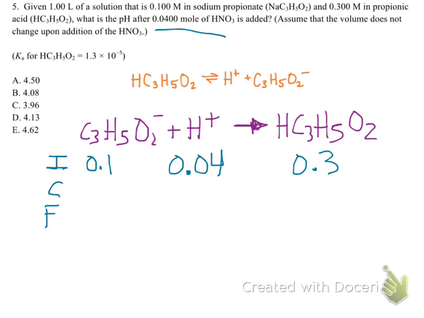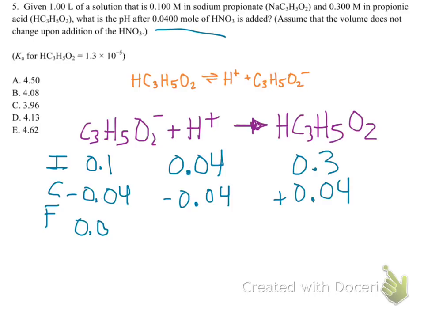Now we have everything we need. Choose the limiting reagent. That's going to be our change. Minus 0.04, minus 0.04, and on the other side it's going to be plus 0.04, which will give us 0.06. It's a terrible looking 0, but you know what?